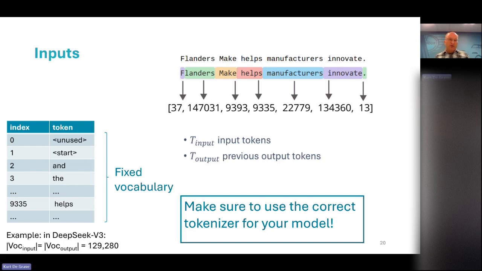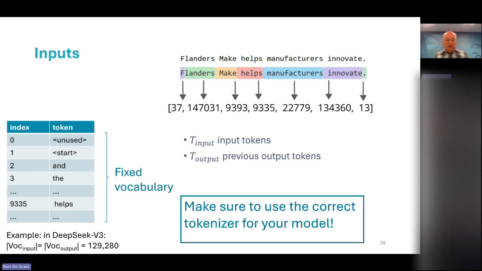But how large a vocabulary is exactly is not that critical, but you have to use the right vocabulary. It's extremely important that if you use a model, you use the associated tokenizer. Otherwise, you will get garbage.